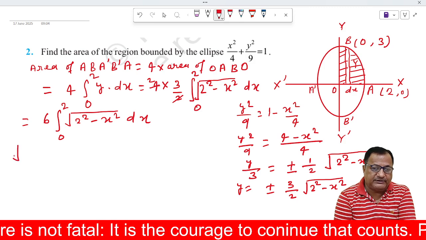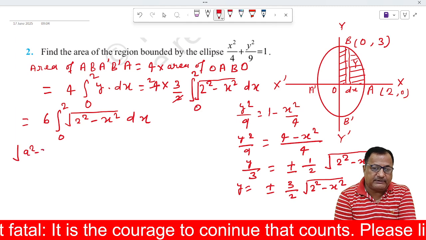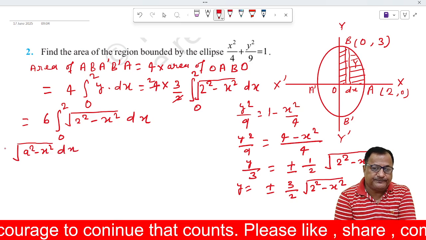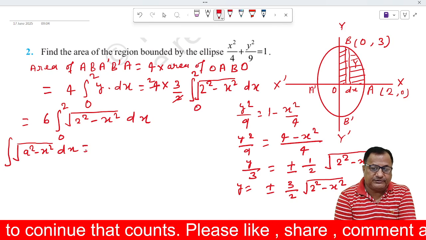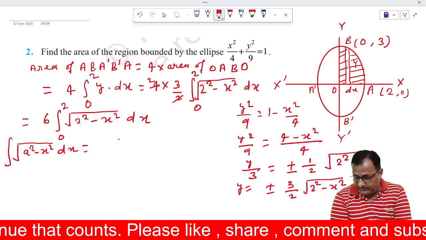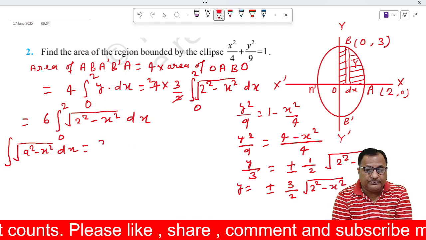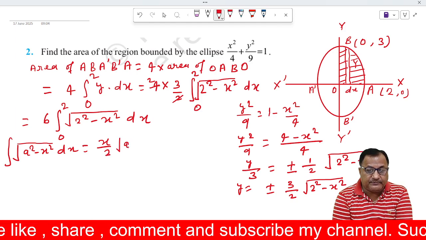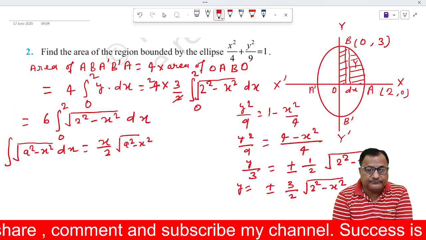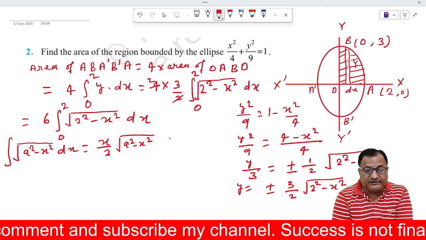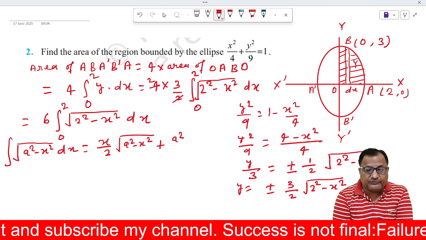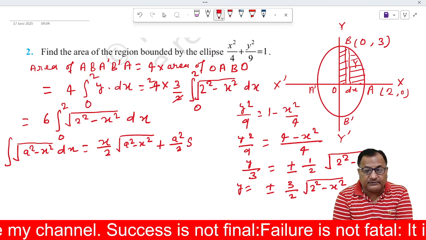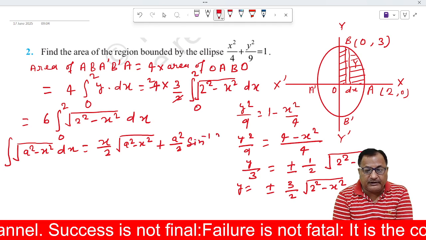Now we'll use the formula for integration of the root of a square minus x square dx. This formula is x by 2 root of a square minus x square plus a square by 2 sine inverse x by a.